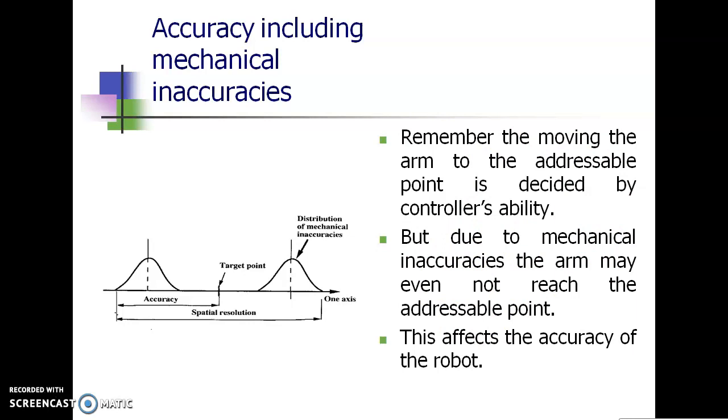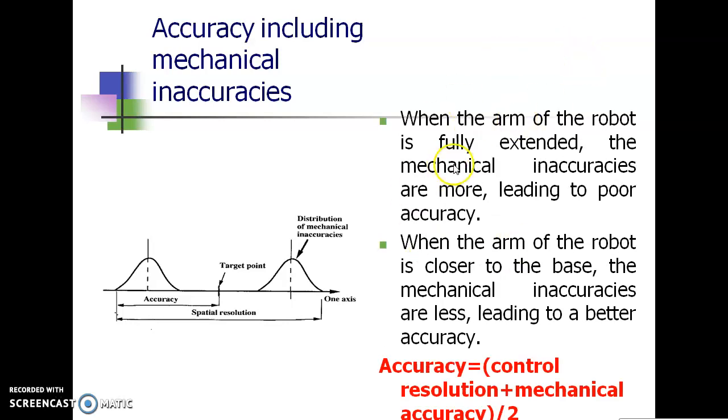I ask the robot to move to the target point, but the controller's ability is to place the robot arm in the addressable point. That itself is accuracy. Now, if I want to place the wrist in the addressable point, that itself is not possible because of these mechanical inaccuracies. That is going to affect the accuracy of the robot.